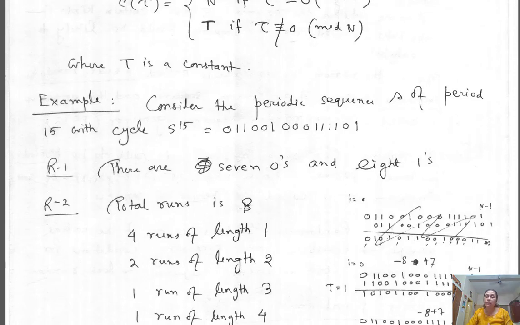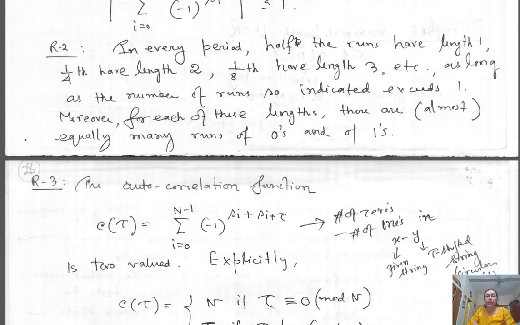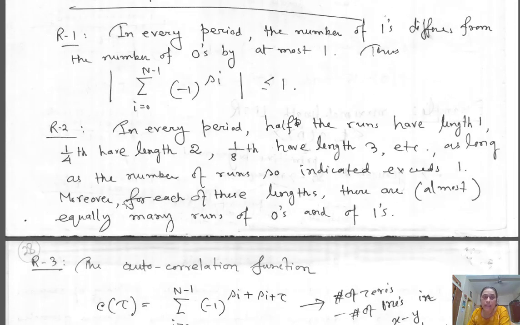Then 1/4 of this should be of length 2, meaning 2 runs of length 2. So this has this feature, the second rule is true. Then 1/8 of this means 1 run should be of length 3. So this way it says, as long as the number of runs so indicated exceeds 1.